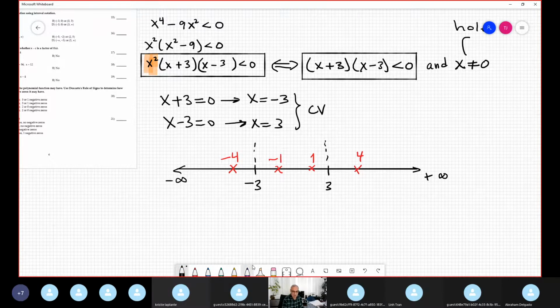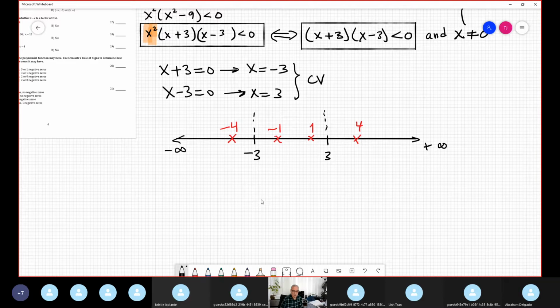So you create immediately the table. The table is useful for testing the points. It's the shortcut, the easy way. You can evaluate the original, that's it.